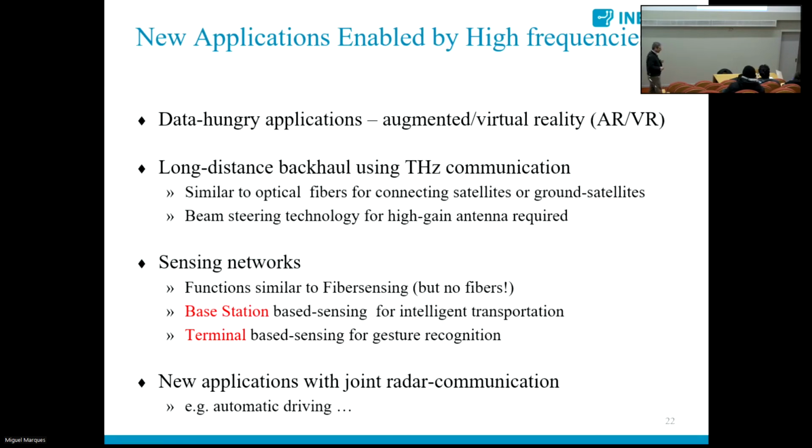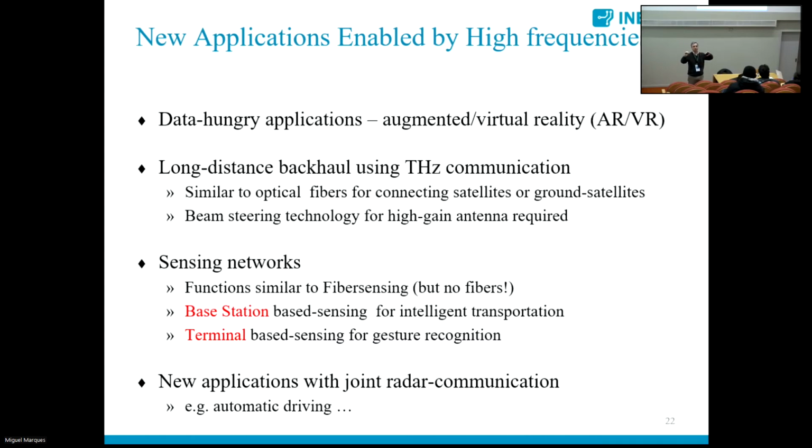This terahertz communication may also be used, for instance, to implement long-distance communication links. Nowadays, in order to support high-bandwidth communication, we use optical fibers. But in the future, we may have equipment that is flying, or a satellite or something like that.